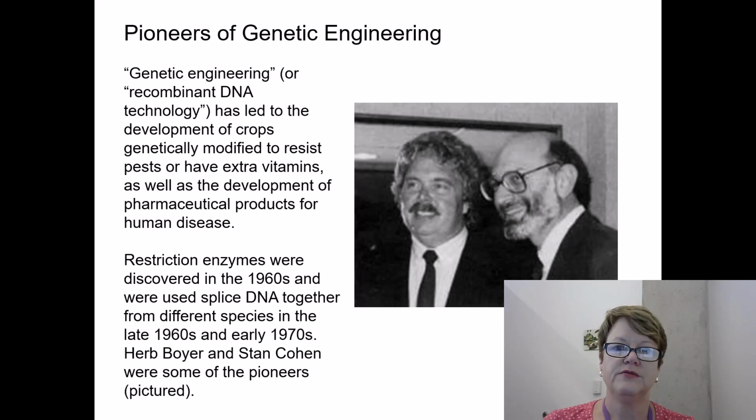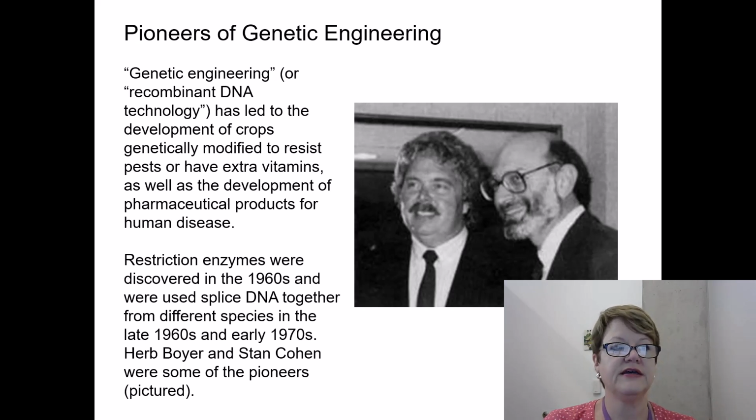And so what was done in the 1960s, they isolated and purified these enzymes from different bacterial species and then showed that they could be used to cut DNA into manageable pieces.